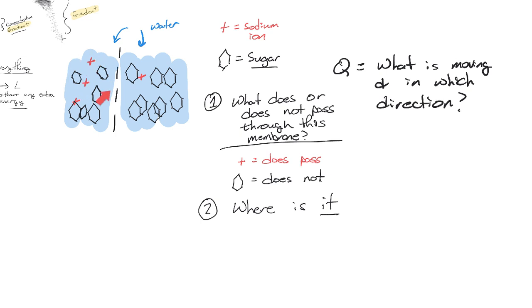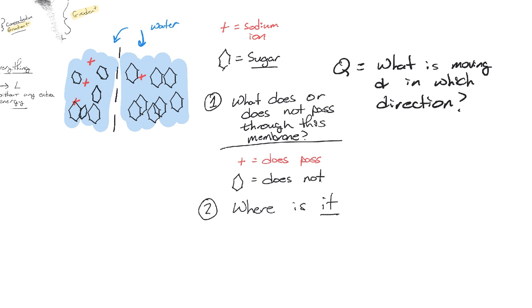So the sugar is just going to keep moving around in this space. Does that make sense? But the ions can keep bouncing around. Eventually, one of them is going to do what? Go through. And randomly, this ion could easily go through in this direction. So they can move in either direction.